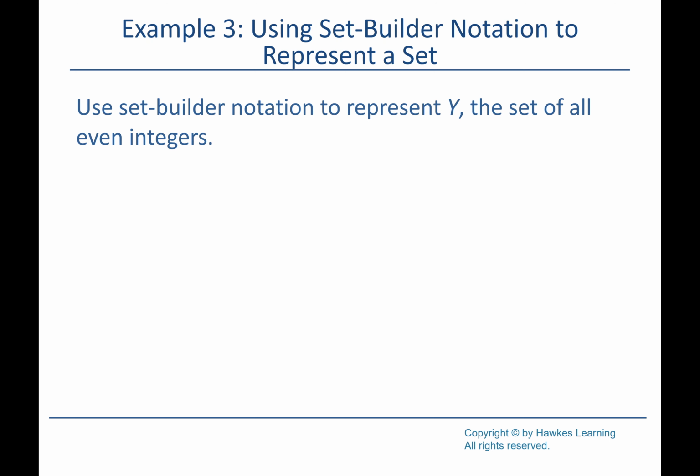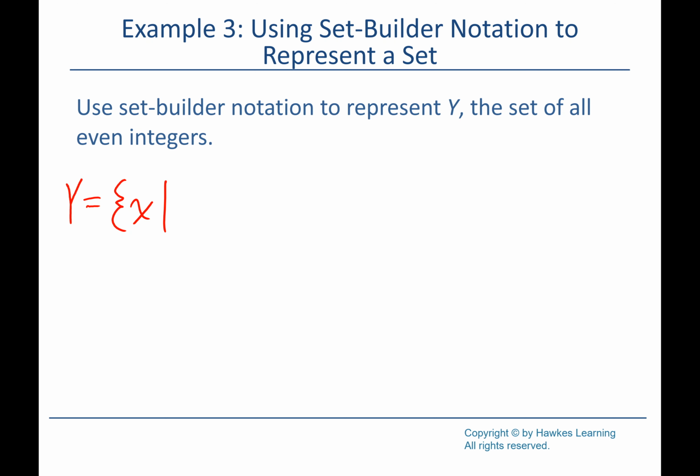So let's write down our set. We can just do it in words, so nothing wrong with that. We can say y is the set of x's such that, and then we've got really two things we have to incorporate here. We need our numbers to be even, and we need them to be integers.